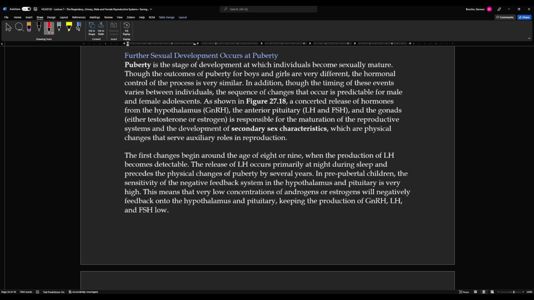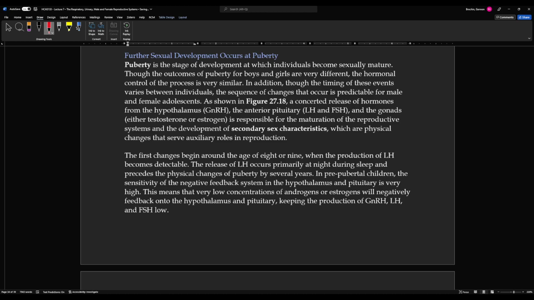Beyond the embryo stage, further development and differentiation will occur with puberty. This is where testosterone and estrogen themselves play a major role in development, which is why you see boys undergoing puberty.